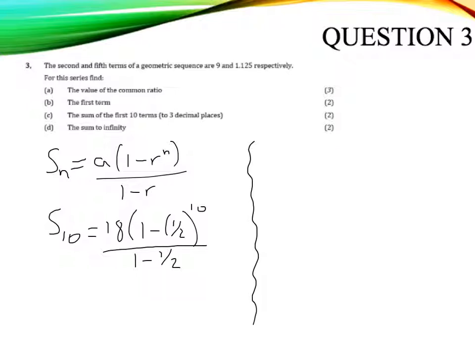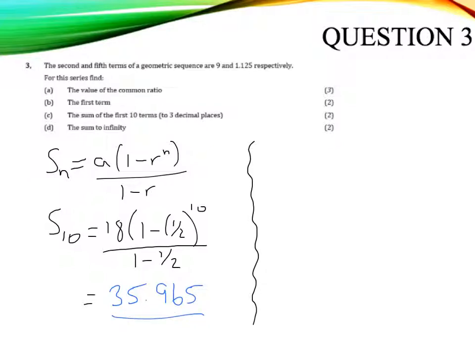I can put this in my calculator. We want 3 decimal places, so I'll type it in and see what I get. I've got 35.9965.